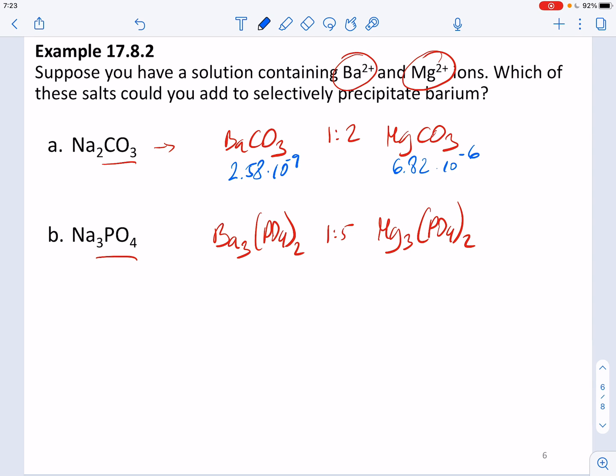So there is a nice difference here, about 3 orders of magnitude, barium carbonate being more insoluble, so to speak. But let's compare what happens with the phosphate. For barium phosphate, the KSP is equal to 3.40 × 10^-23, and for magnesium phosphate, it is 1.04 × 10^-24.